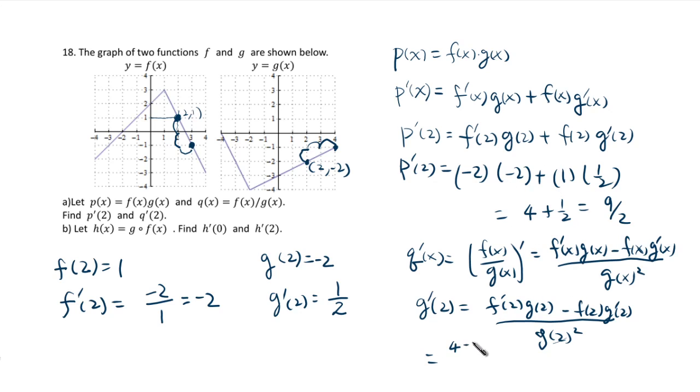So you get 4 minus 1/2. And g of 2 is -2, so you put -2 squared. 4 minus 1/2 would be 7 over 2, because 4 is 8 over 2. 8 over 2 minus 1/2 is 7 over 2. And then you divide that by 2 squared, which is 4. So in this case, the answer will be 7 over 8. So those two will be the answer.